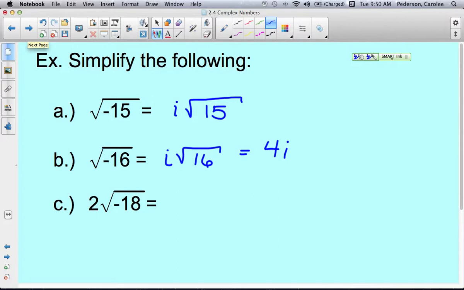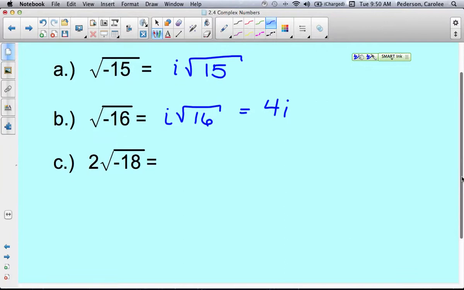Question C. How can I reduce question C? 2, pull out the i, and then I'm going to break down 18 into what product of what two numbers will be the best choice. 2 and 9, yep.